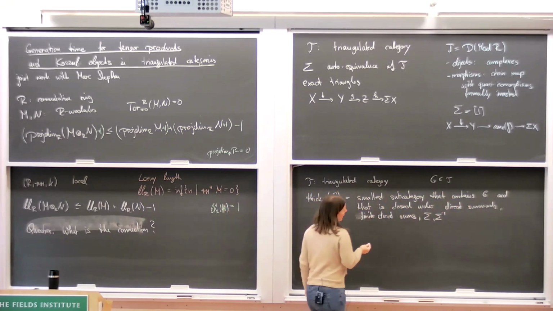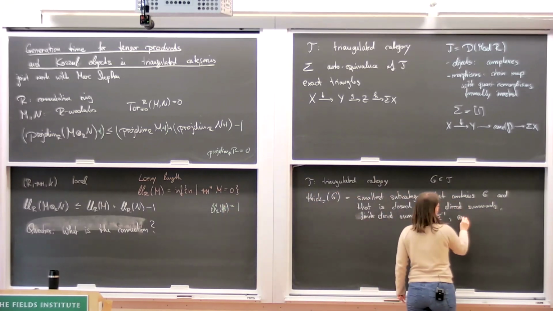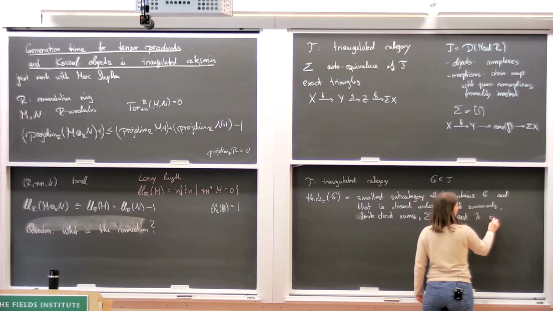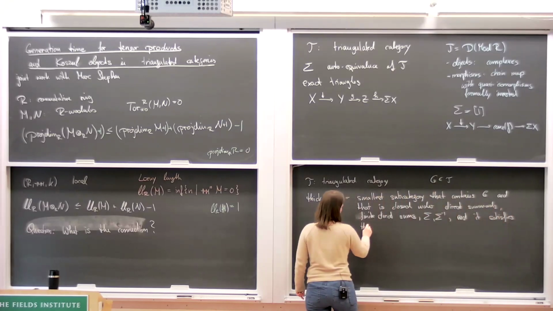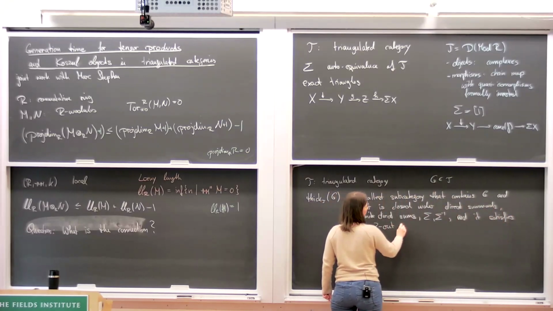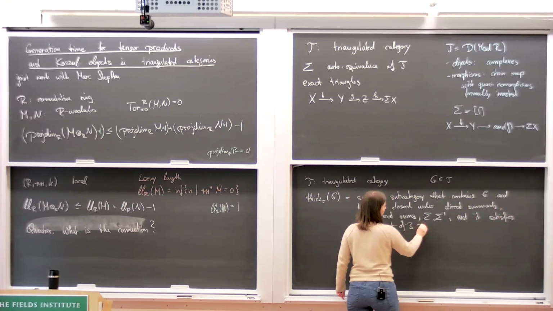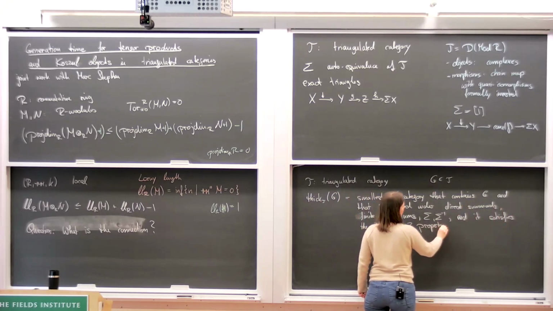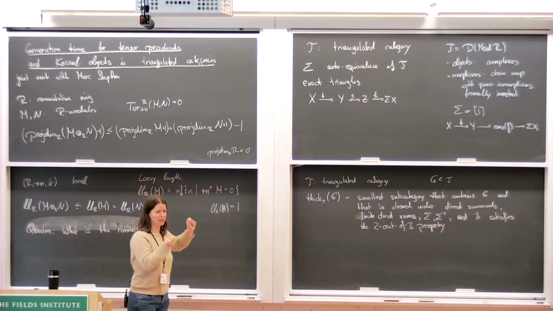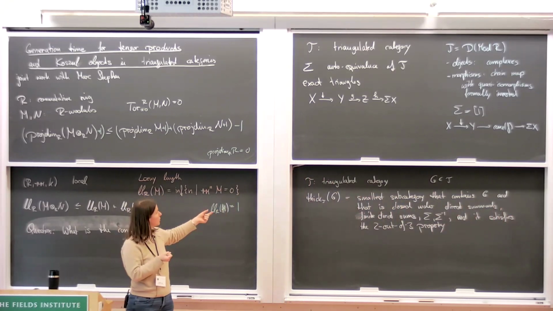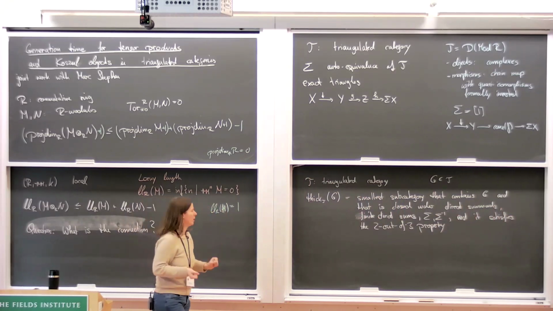And then it satisfies the 2 out of 3 property. This means if you have an exact triangle and 2 objects in an exact triangle lie in thick of G, then the third one is as well.